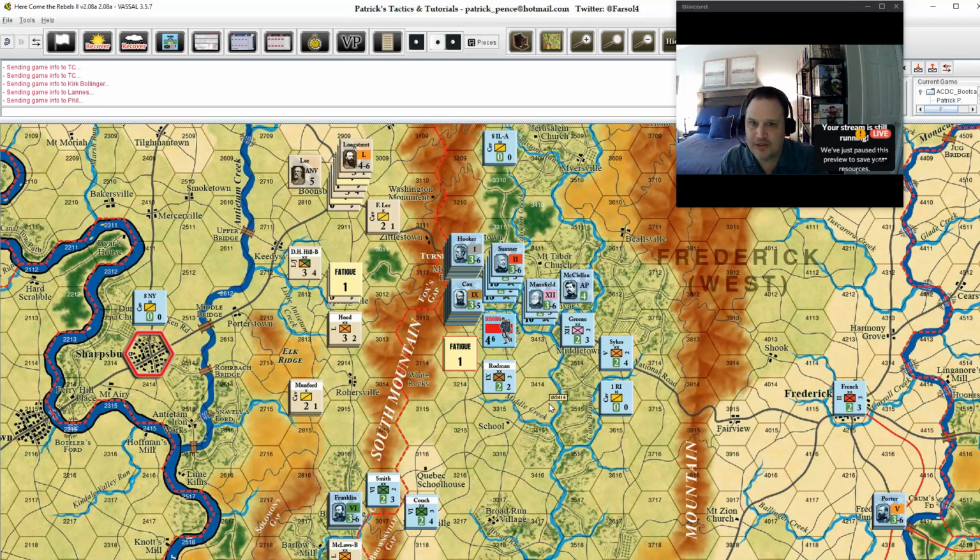Now, not so much in the basic scenarios, which are anywhere from 1 to 5 or 7 turns, but when you get into advanced play with a campaign scenario, then you're talking 40, 50, 60 turns, and there's going to be an ebb and flow as these units, you march them hard for a day, and then you rest them for a day or 2, and then you march them hard again. So it's part of that cycle that you need to learn as far as how to use these units.